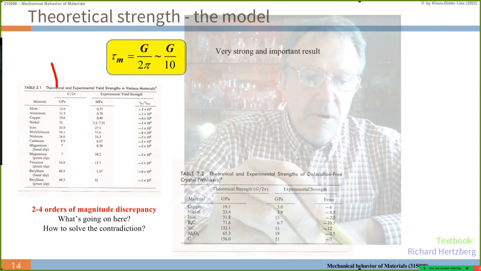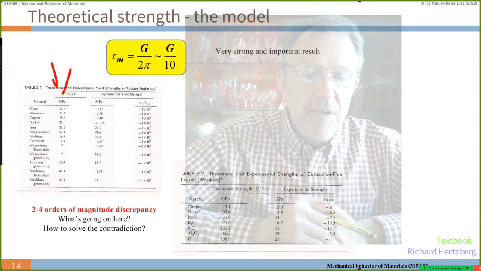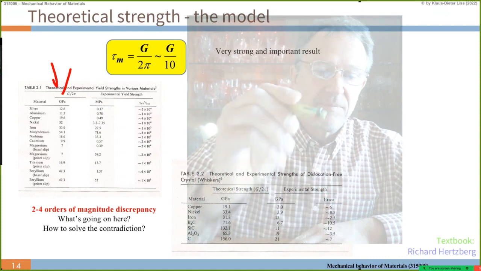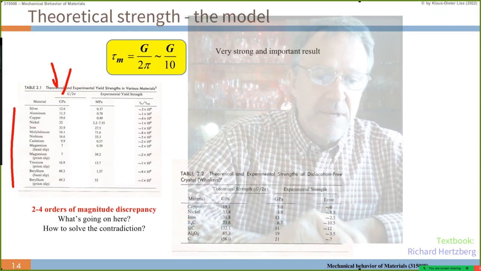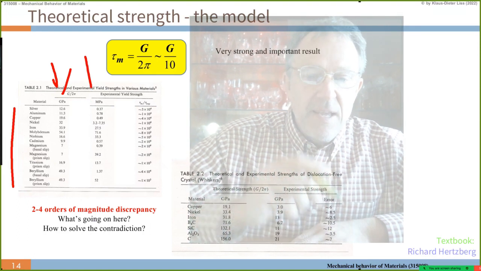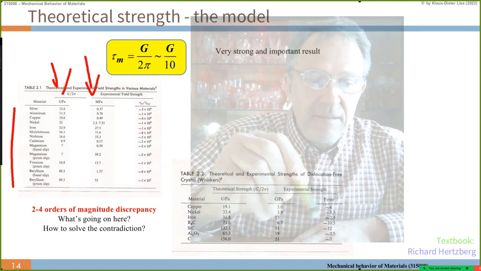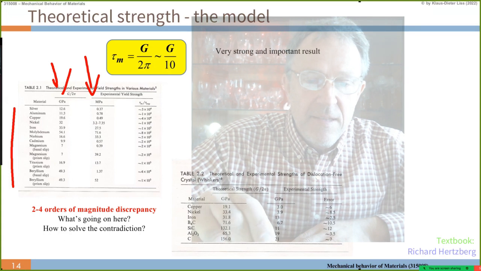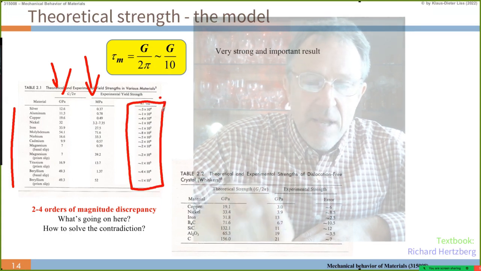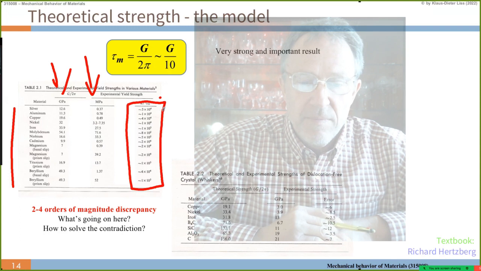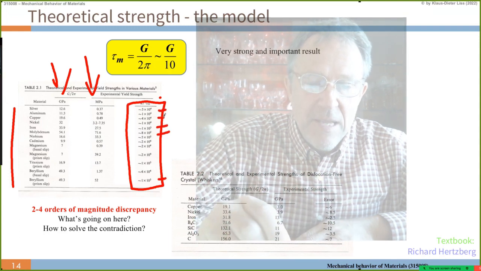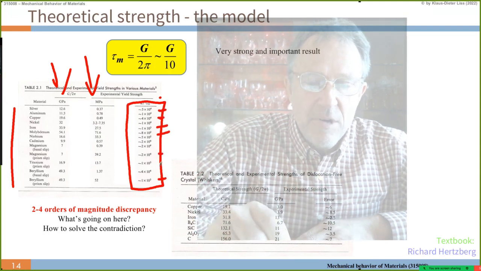Here we have G over 2 pi in gigapascals for silver, aluminium, copper, nickel, and a lot of metals, and we compare it with the experimental yield strengths and find a discrepancy of many orders of magnitude, up to 4 orders of magnitude. Sometimes it's 2 or 3 orders of magnitude, but most of the time it's 4.